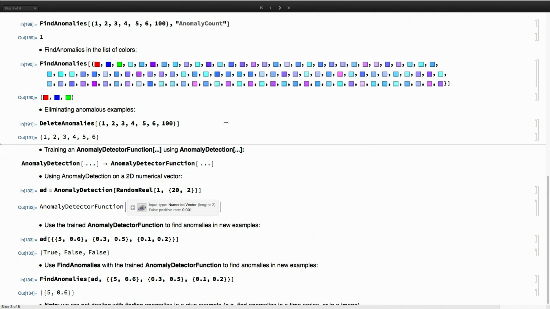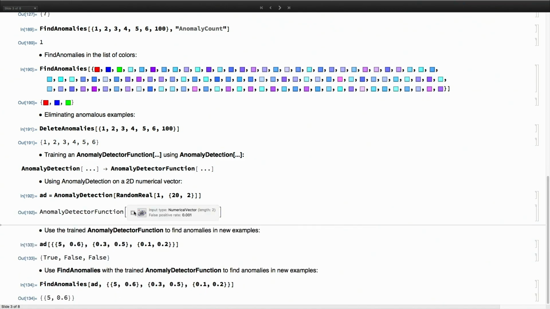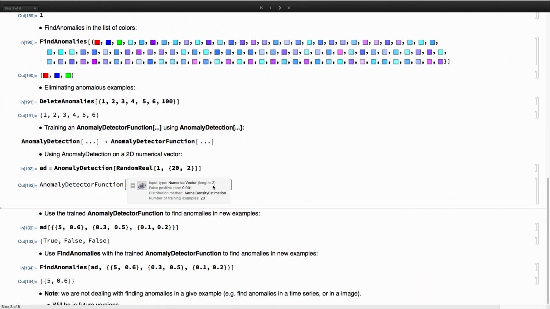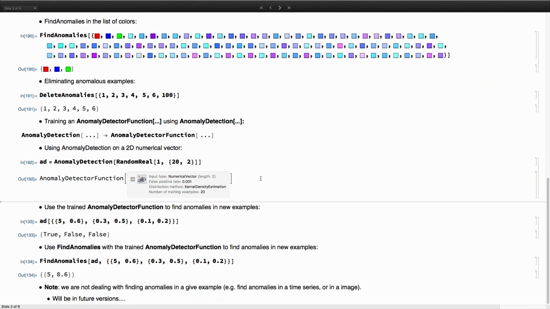anomalous. The other main function is AnomalyDetection, which returns anomaly detector functions. You just give it the training data to train an anomaly detector function, and it will give you a small icon that has some description about the method that it uses, which I will explain later, and the number of examples in the training.